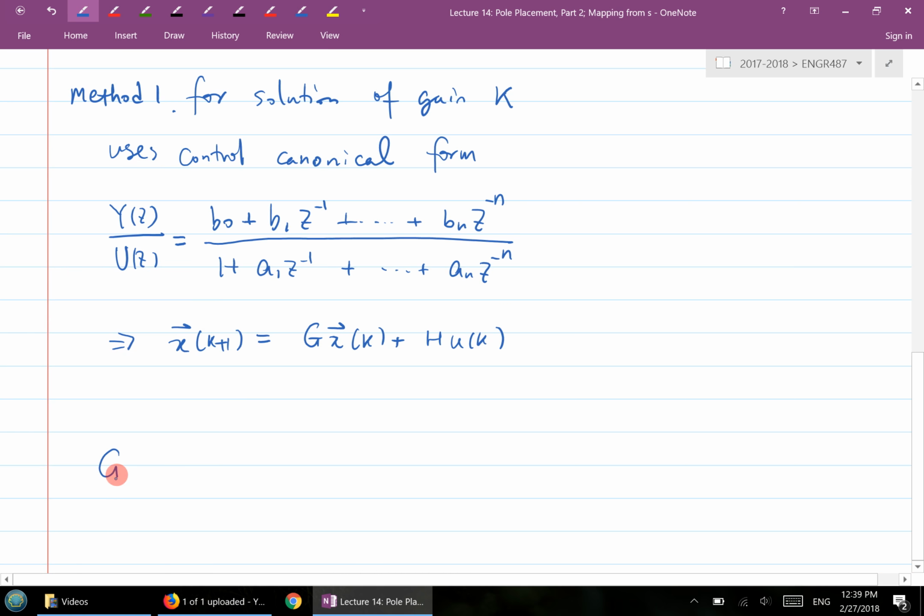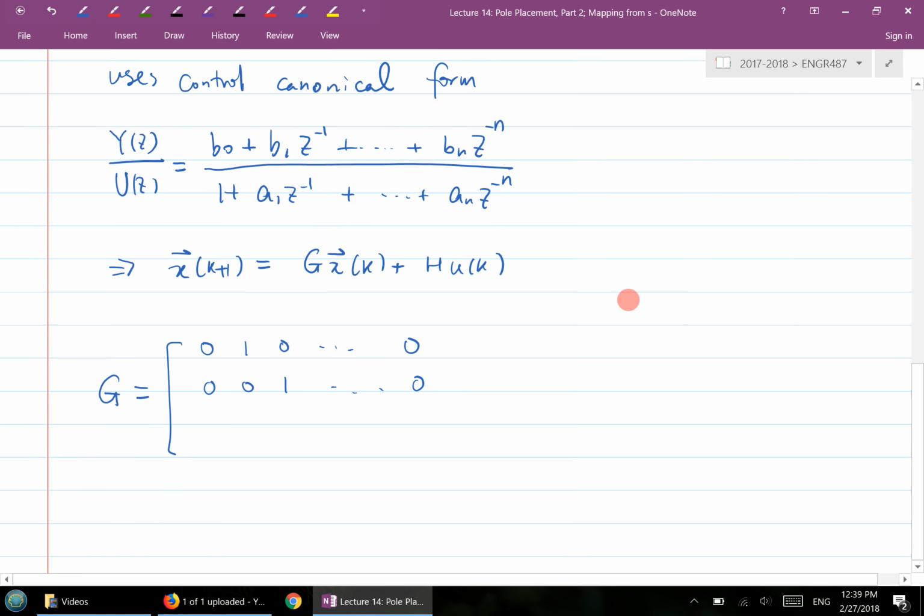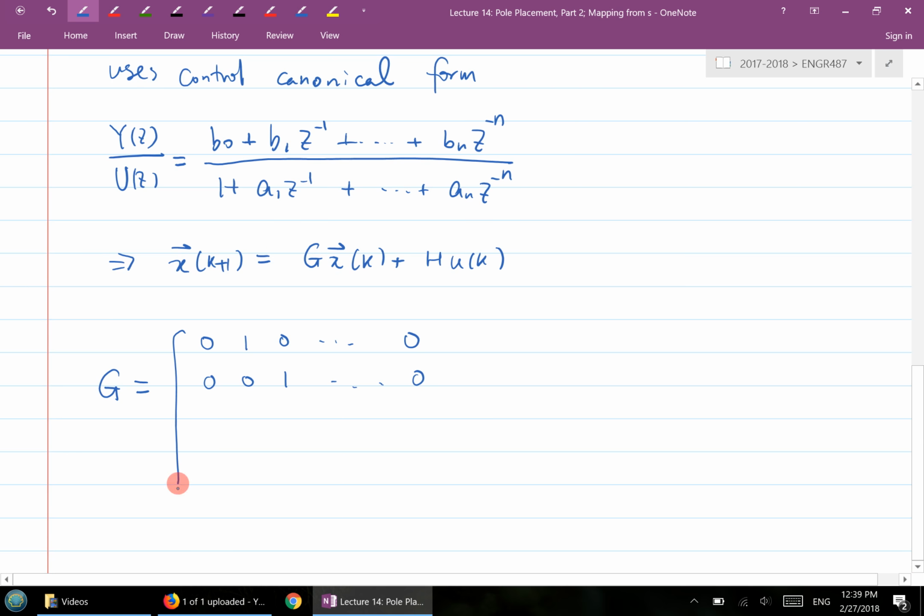So for control canonical, the matrix G, if you recall, is 0, 1, 0, 0 here, 0, 0, 1, and 0. And it keeps going here: 0, 0, 0, and then 1, and the last row is negative an, negative a(n-1), negative a(n-2), down to negative a1.